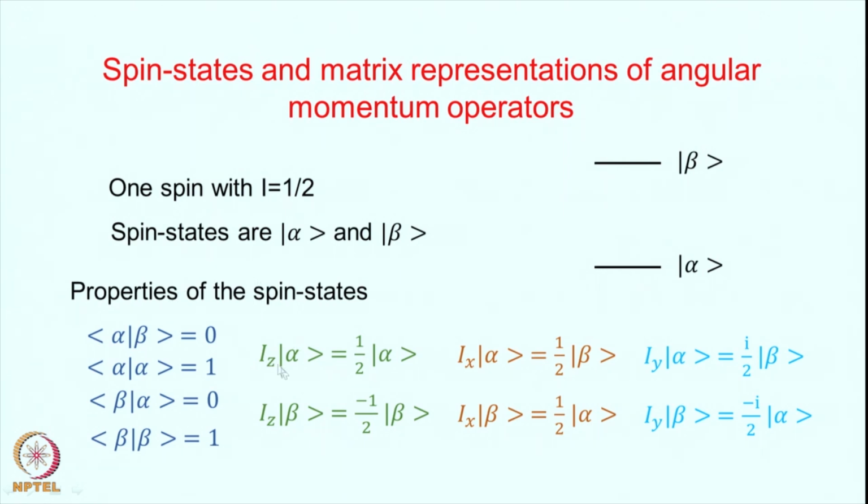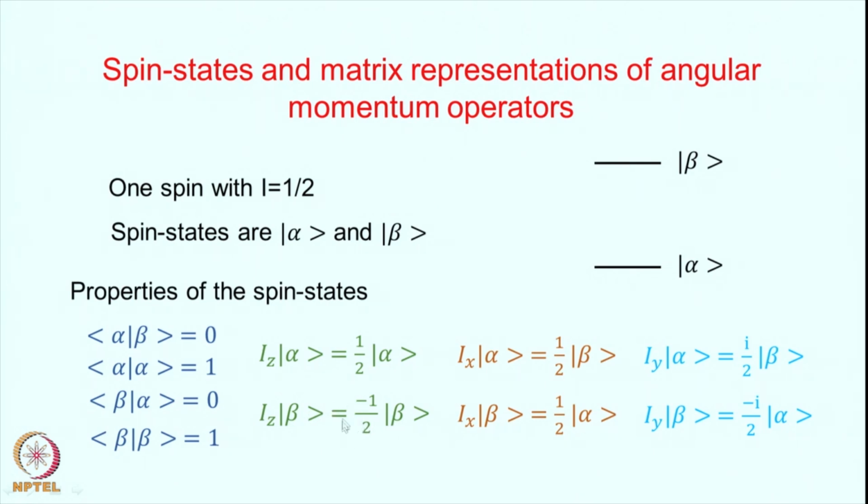Now, we also saw earlier that Iz operating on the state alpha gives the m value, which we defined in the very early stages of this course, so this gives me half. Iz operating on alpha gives me half alpha, and Iz operating on beta gives me minus half beta, because these are the m values.